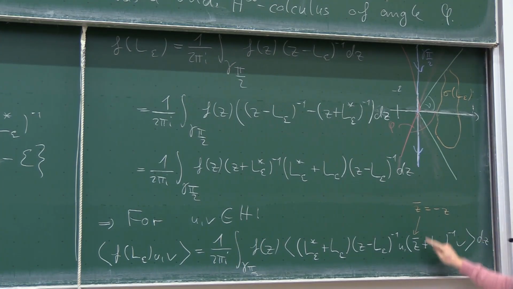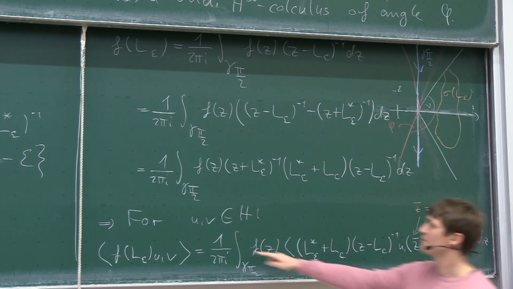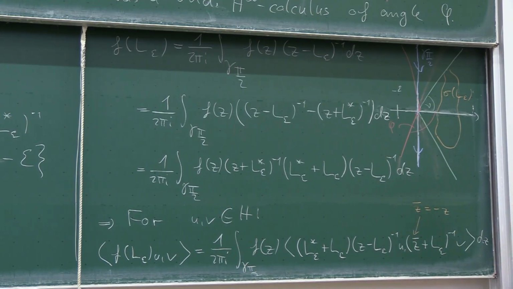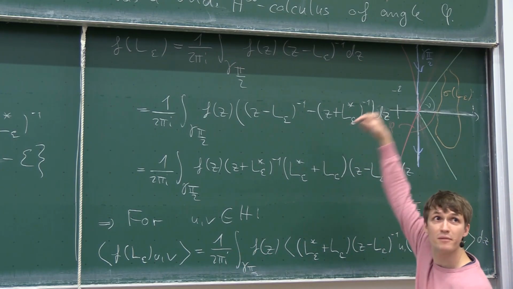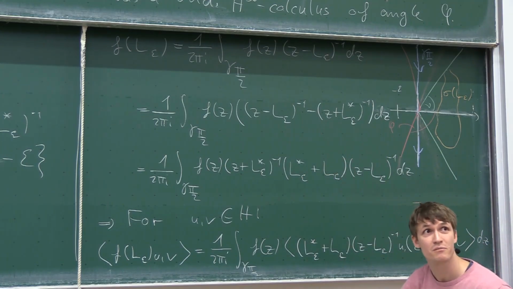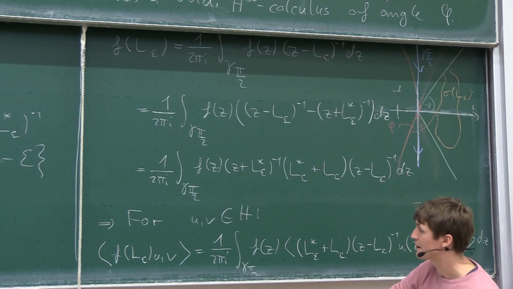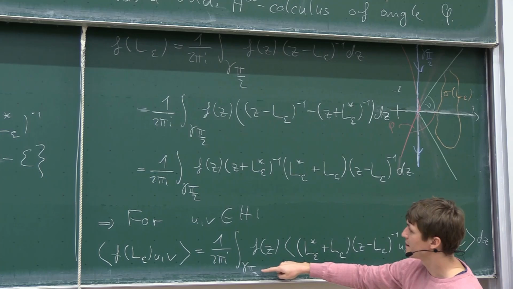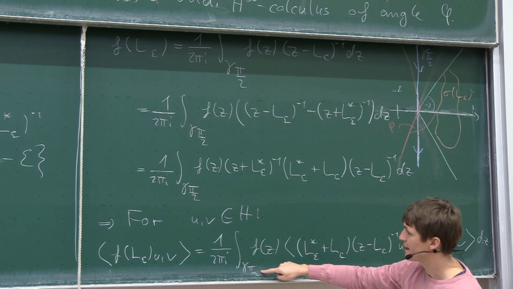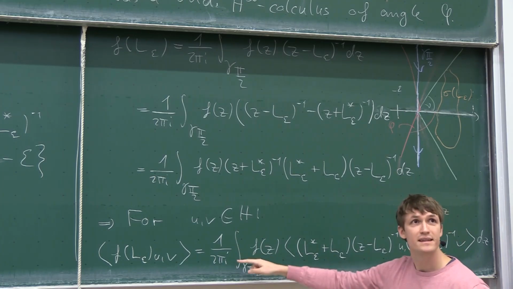And we use this property here, namely we replace the complex conjugate of z by minus z, and then take out the minus sign. So we get a minus sign in front of the integral. But the path also comes from plus infinity and goes to minus infinity. So if I plug in the parametrization of the path, I get an additional minus sign.